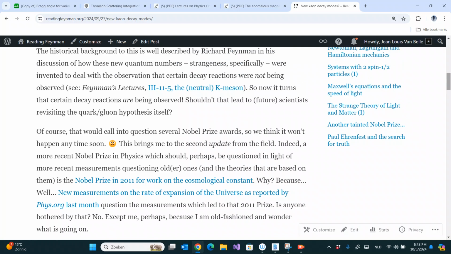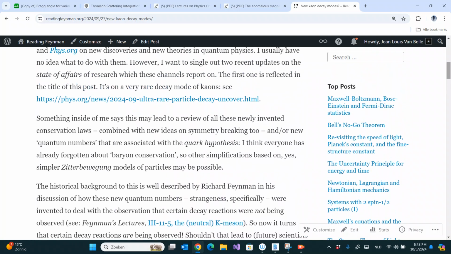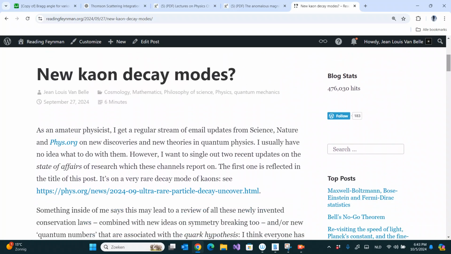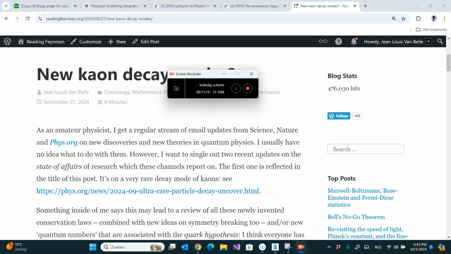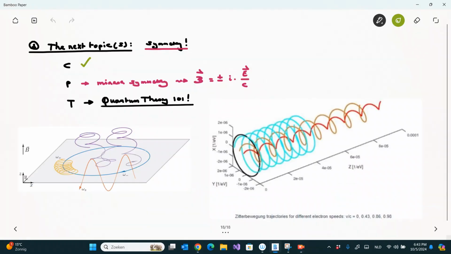They weren't possible. The hypothesis has been based on the fact that certain decay reactions weren't possible. Now they seem to be possible. I mean, that's what we are talking about here. I'm not going to go into too much detail there. Let me go back to my presentation.